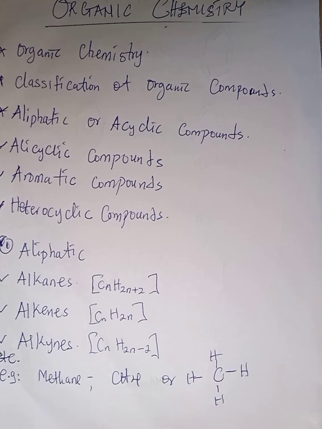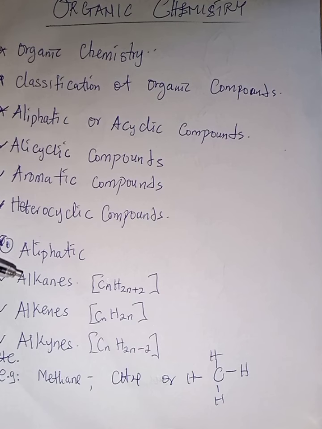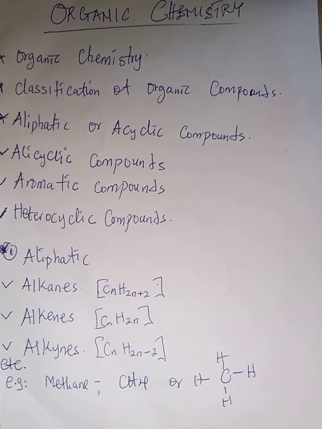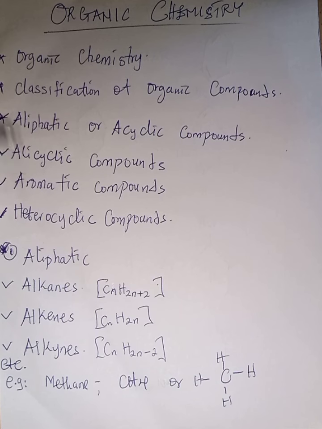Then we have etc., because we also have other aliphatic or acyclic compounds that are classified in terms of functional group. We don't say this one is acyclic because of this functional group. Remember, I told you that you can classify organic compounds based on the structure of their carbon skeleton or functional group. Now, this classification is just based on the structure of carbon.